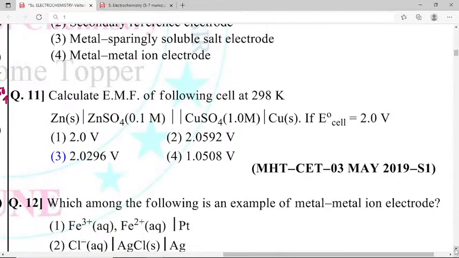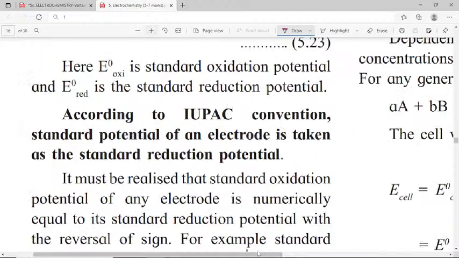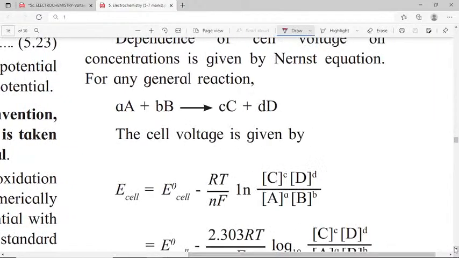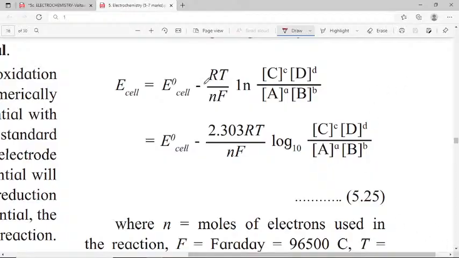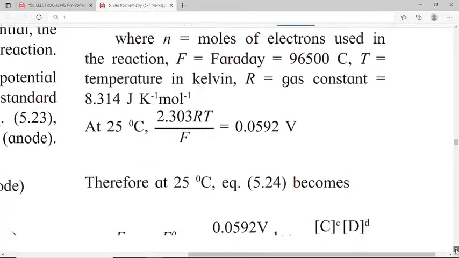Next, calculate the EMF of the following cell at 298 Kelvin. How to calculate the EMF of the cell? By using the Nernst equation. E cell is equal to E naught cell minus 2.303 RT by nF.